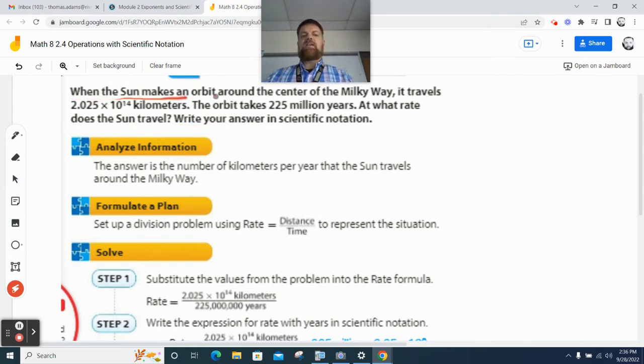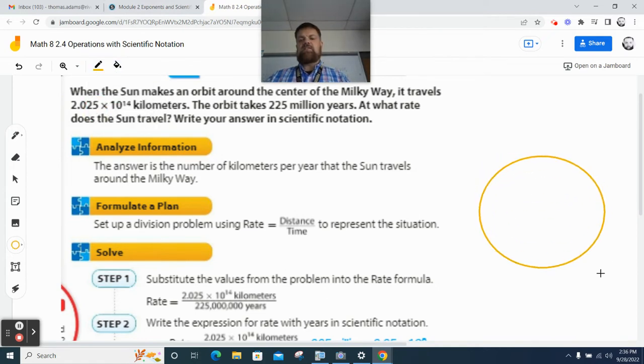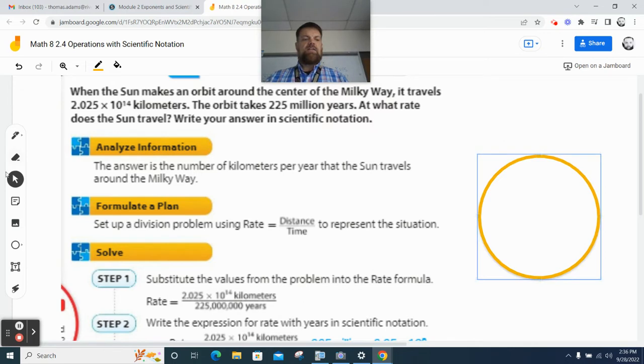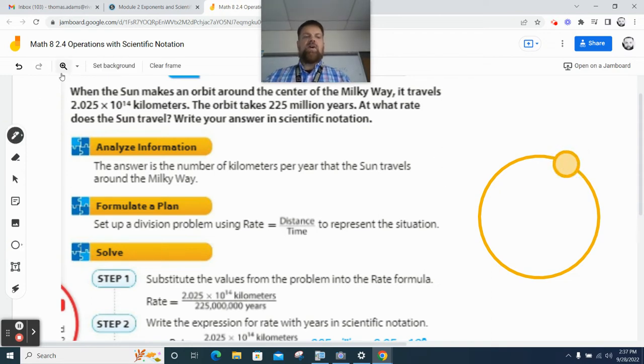When the sun makes an orbit around the center of the Milky Way, and I'm going to draw a little picture here, okay? They're saying that the sun, and let me draw another little picture, this is the sun, and it makes an orbit around the great big Milky Way.